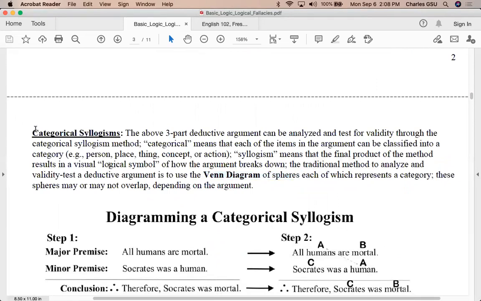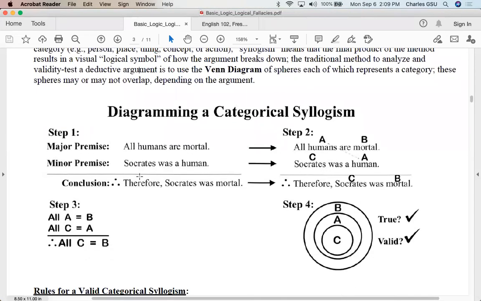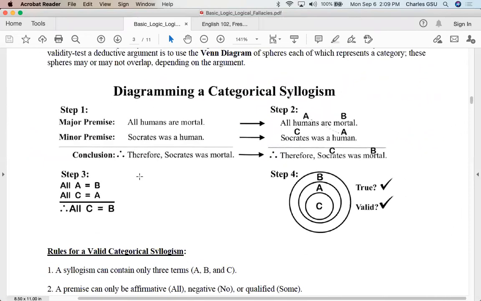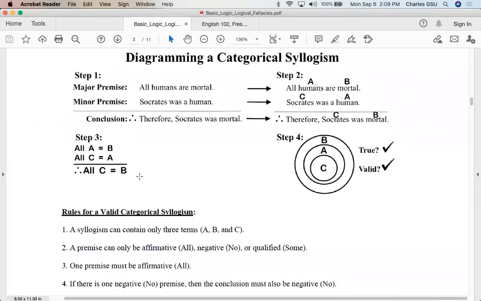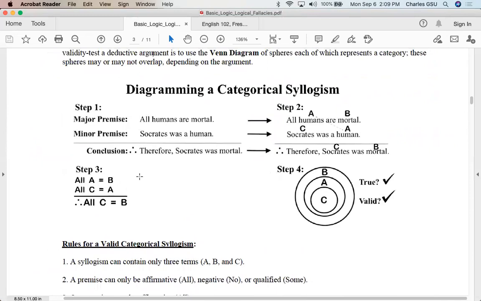So we call these categorical because they are categories of things or persons, places, ideas, actions, and so on. And you can check the validity of a categorical syllogism or deductive argument by using this 4-step method here.